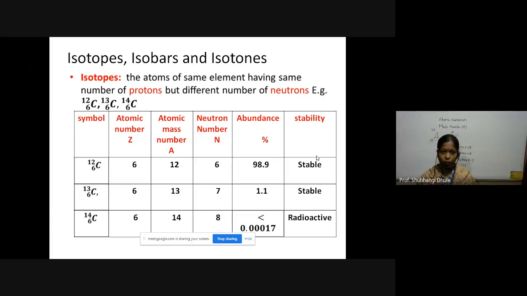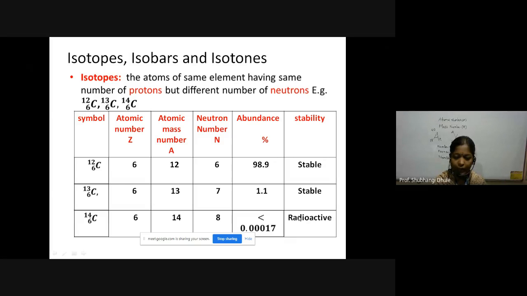So in a compound, if carbon is present, then carbon exists in all three isotopes. It contains 98.9% carbon 12 atoms, meaning of all the atoms of carbon, 98.9% are carbon 12, and 1.1% are carbon 13 isotopes.